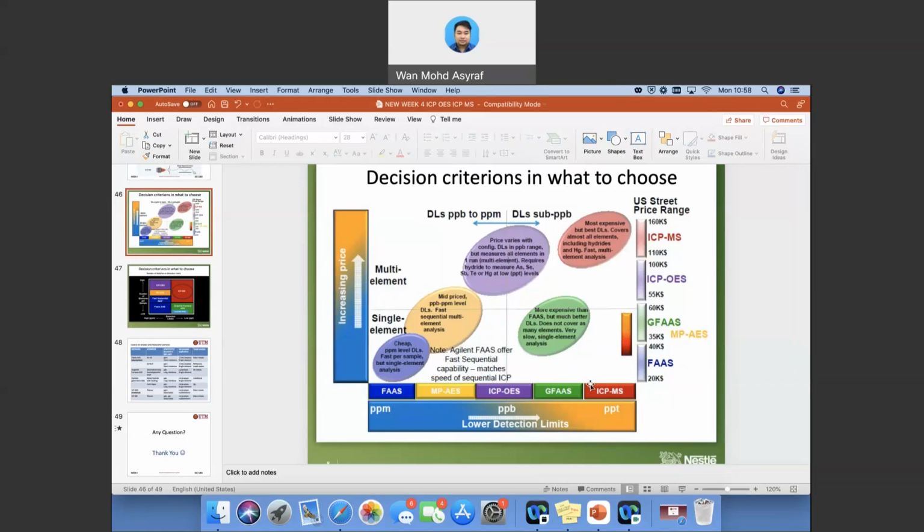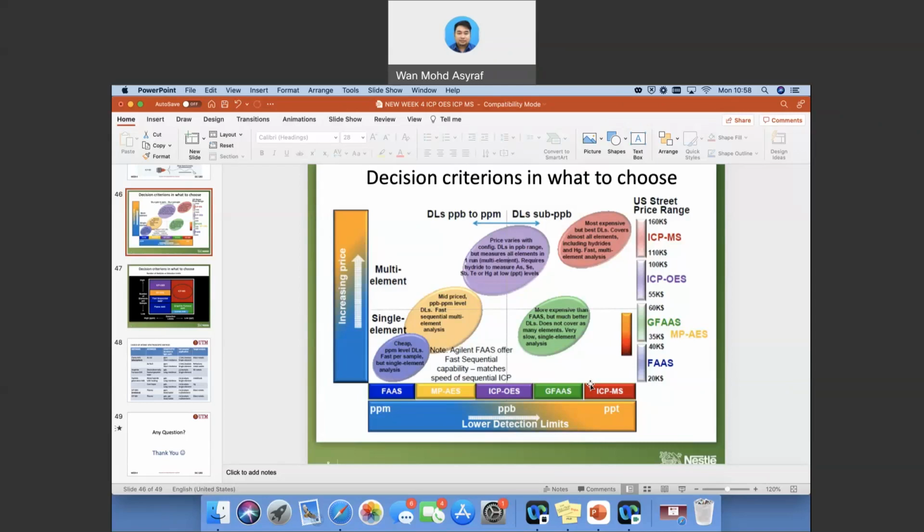But if you just go straight to ICP-MS for everything, then you don't have any balance in terms of optimization, whether you need to go high end with a higher price, or you can save some money by going to a lower instrument with a sufficiently decent detection limit and sufficient analysis time, with still a good range of analytes to be detected.